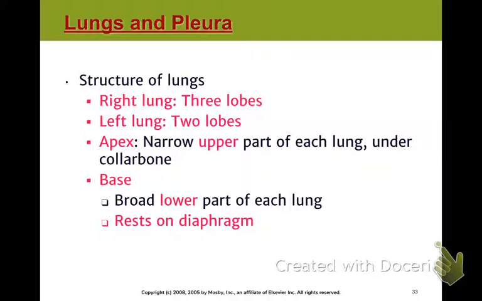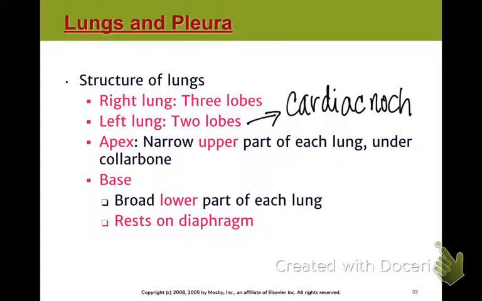The lungs, you obviously have 2. You have 3 lobes or parts to the right lung and only 2 to the left. The left lung only has 2 lobes because there's something called the cardiac notch.